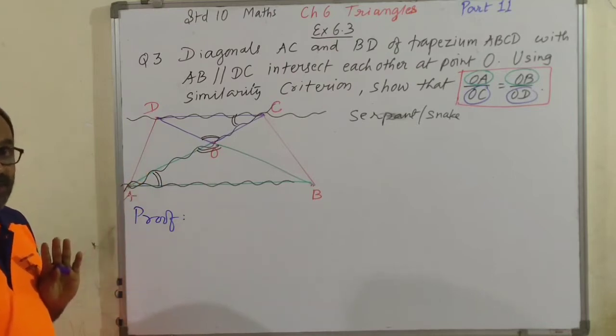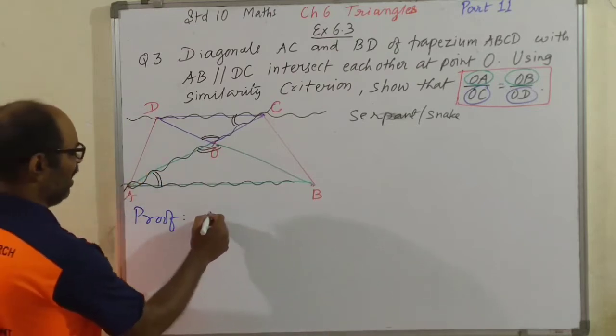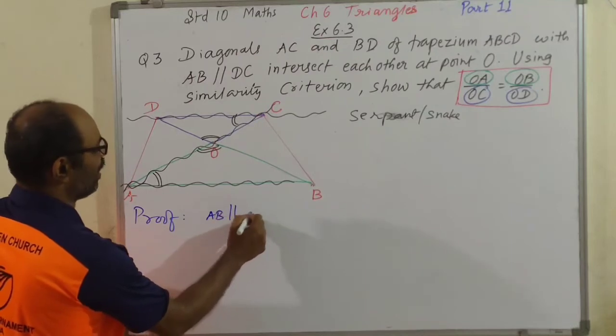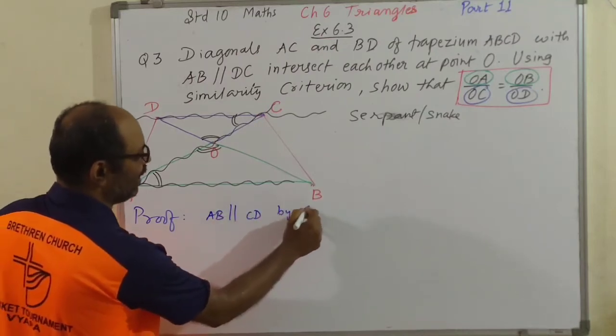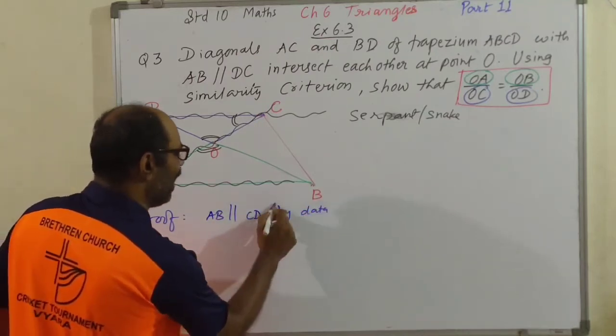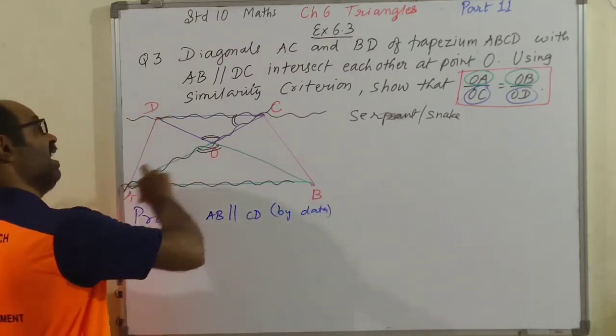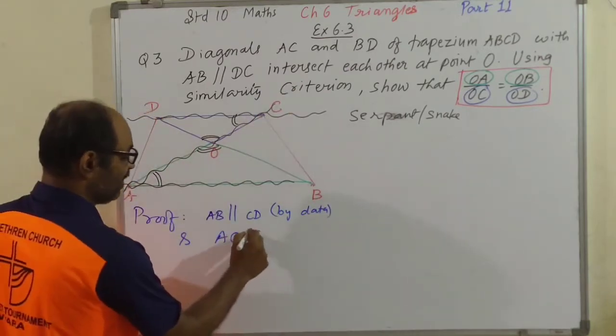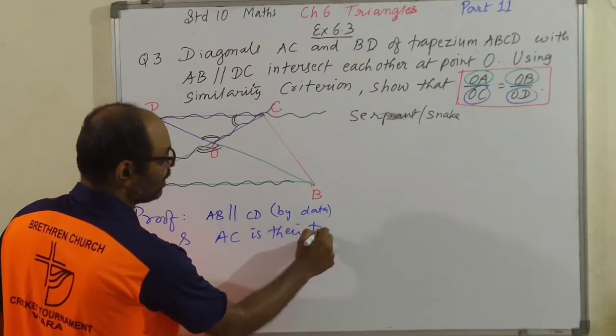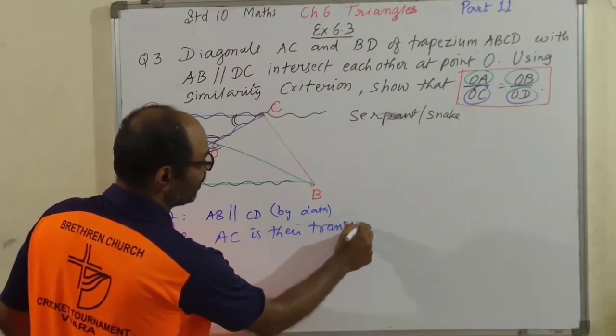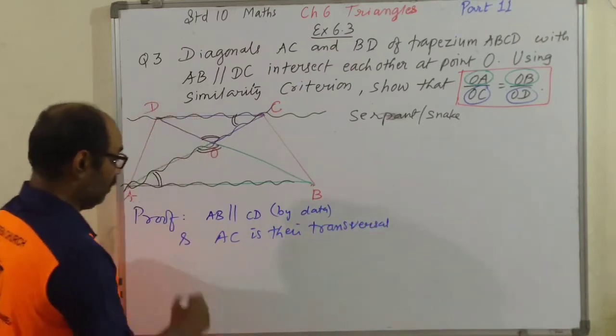Let me write the first one. Right? AB is parallel to CD by data, and AC is their transversal. AC is their transversal.